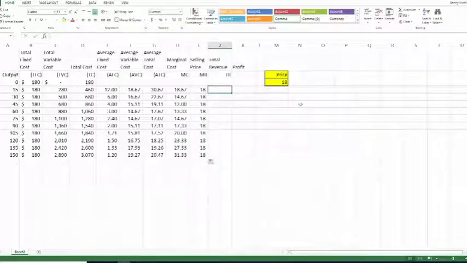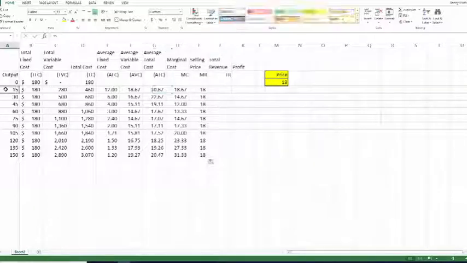So far, so good. So total revenue. Here, what we're going to do in this one is, total revenue is just the price, or the marginal revenue, which is really the price, times the output, or how much we're producing.